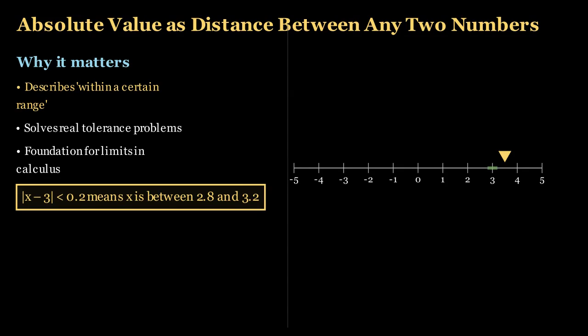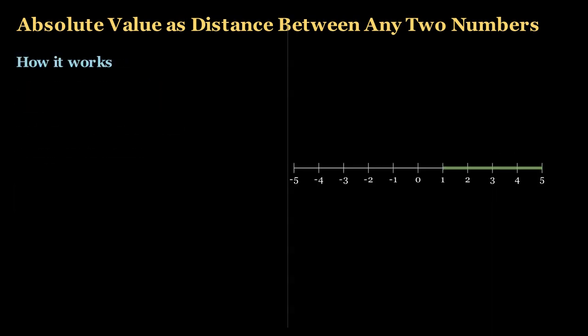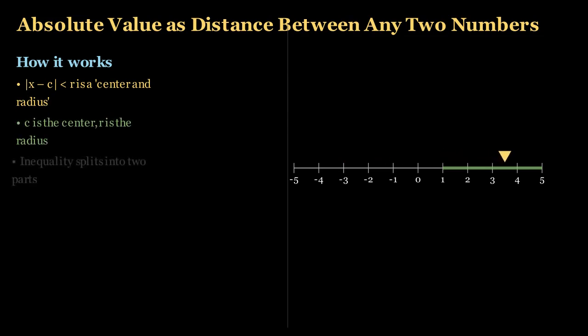Let's see how this center and radius idea works. Suppose we write |x - 3| < 2. The number inside the absolute value, 3, is the center. The number on the right, 2, is the radius. This inequality says, the distance between x and 3 is less than 2. To find all the x that work, we think, starting at 3, we can go left by up to 2 units, and right by up to 2 units.